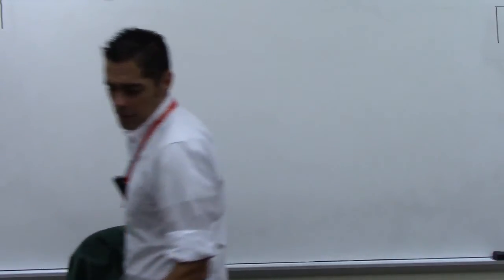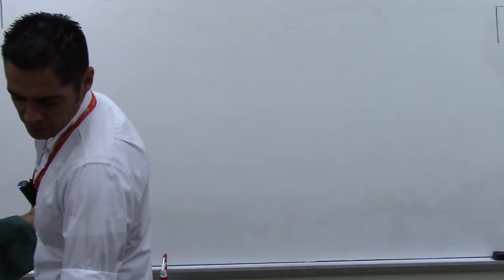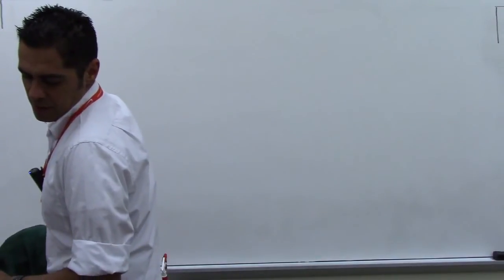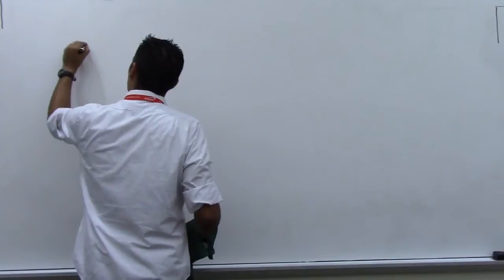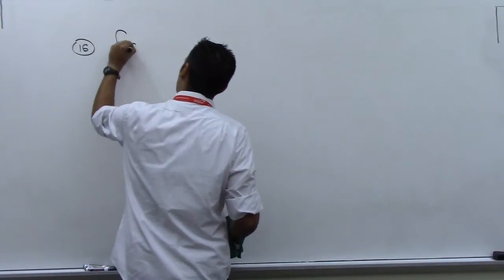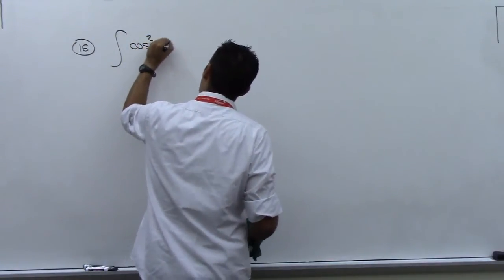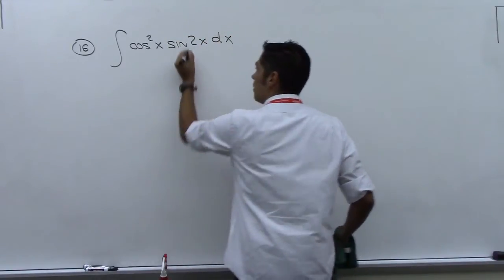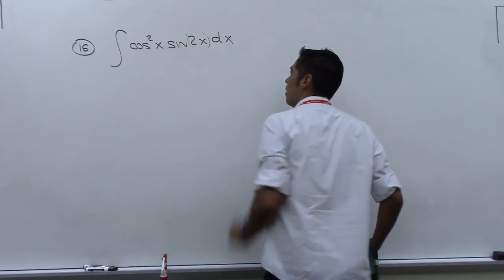So if we get them where they're just by themselves, we're happy campers. All right, cosine squared x, sine 2x. All right, so remember this is sine 2x like this, like in parentheses.